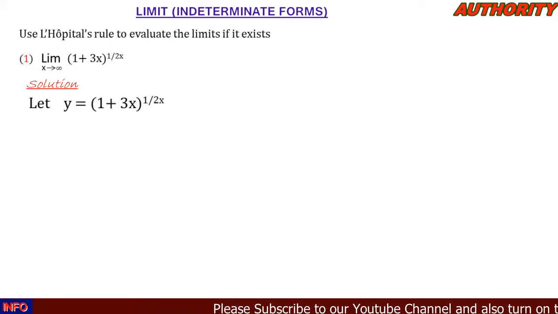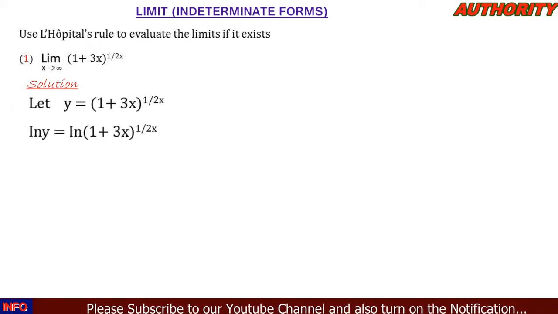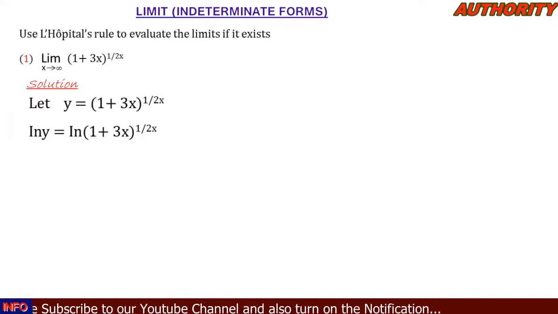You get it, right? Okay, next step, we take the natural logarithm on both sides. That means we have ln y is equal to ln of (1 plus 3x) raised to power 1 all over 2x. Taking the natural logarithm, the power is going to come down.